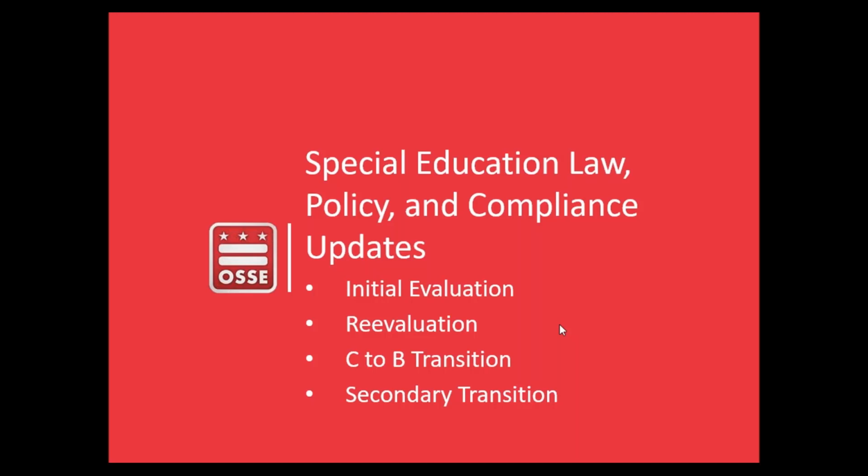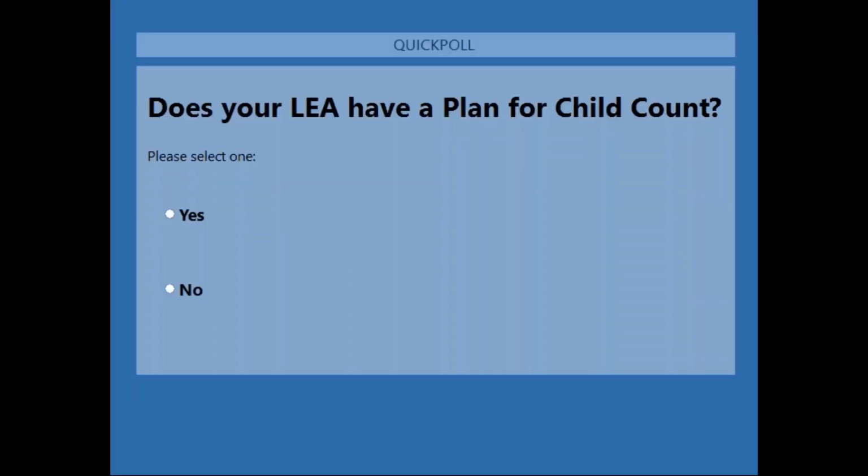Now, we're going to ask a couple quick poll questions at this time. So the first question that we want to ask. So please take a moment to answer the poll question. We're not here to judge you.